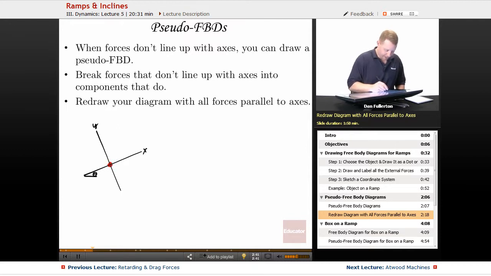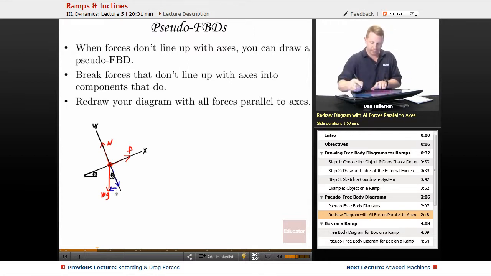We had a frictional force, we had a normal force, and we had weight down. If that angle's theta, then this angle also is theta. We're going to break mg up into components that are parallel to the y-axis and parallel to the x-axis.